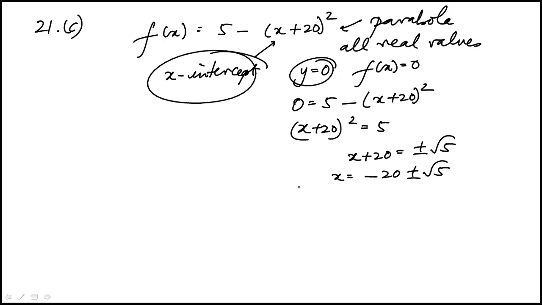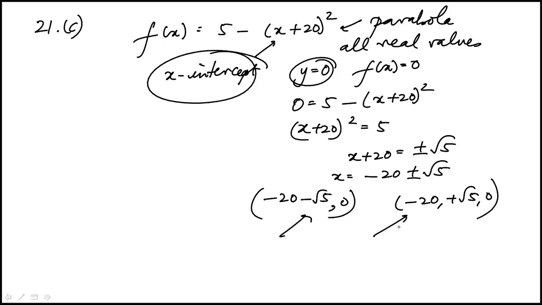So the x-intercepts are (minus 20 minus root 5, 0) and (minus 20 plus root 5, 0). Those are the points at which the parabola intersects the x-axis.